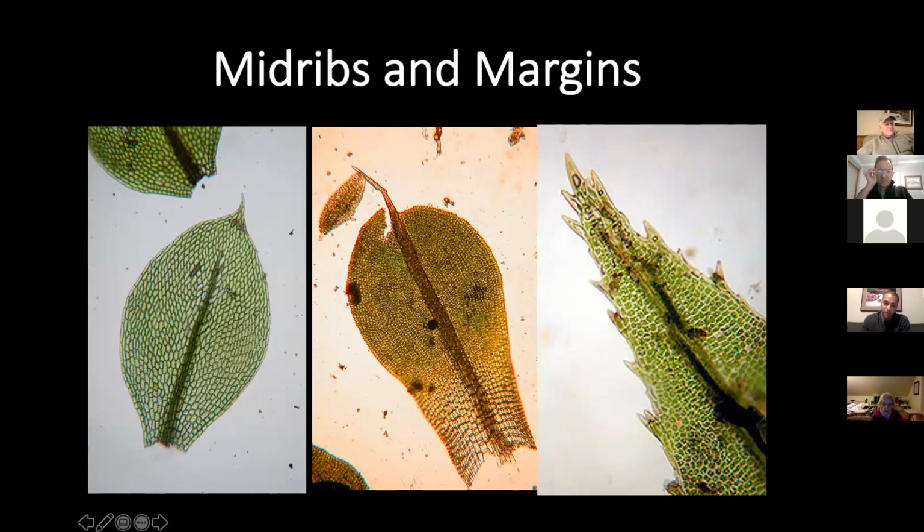If you take the time to slog through a moss key, they'll ask, does the midrib go halfway, or does it go all the way to the tip, or does it go past the tip? Some of the more fun ones, you actually have to count the number of cells between the end of the midrib and the tip of the leaf. And it's like, is it 5 to 7 cells down, or is it 8 to 10 cells down?